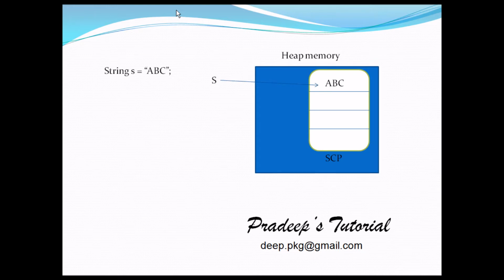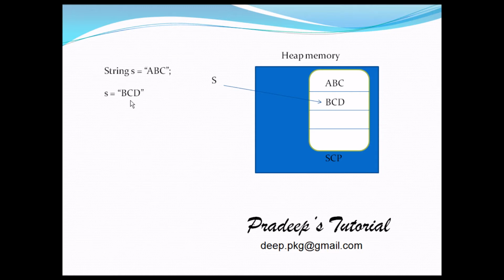Now, as I told, the state of an immutable object cannot change. So if I change this s to "bcd", what will happen? The "abc" will not change, because it is immutable. Instead of changing this "abc", it will create a new one, and s will point to "bcd".